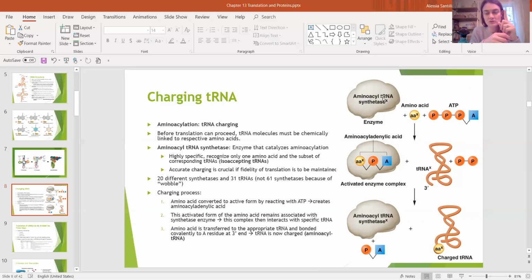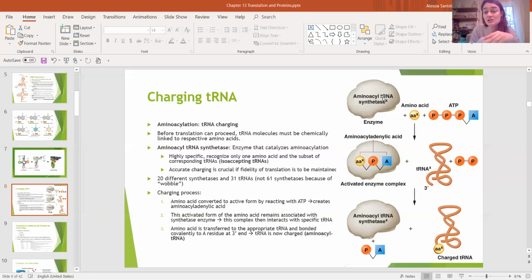This would mean that the amino acyl tRNA synthetase that charges a tRNA with leucine is able to recognize all the tRNAs that have the anticodons to those 6 codons that encode leucine. And to those 6 anticodon tRNAs, the amino acyl synthetase adds on the actual leucine amino acid.